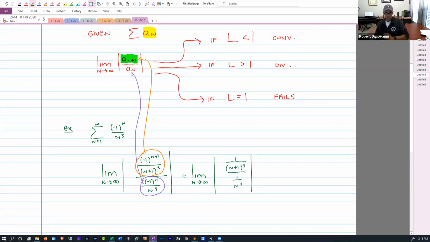And when I flip, this becomes the limit as n goes to infinity of n cubed over (n+1) cubed. Now you have infinity over infinity, right? And if you use L'Hopital on this, it's pretty clean. You're going to get 1.